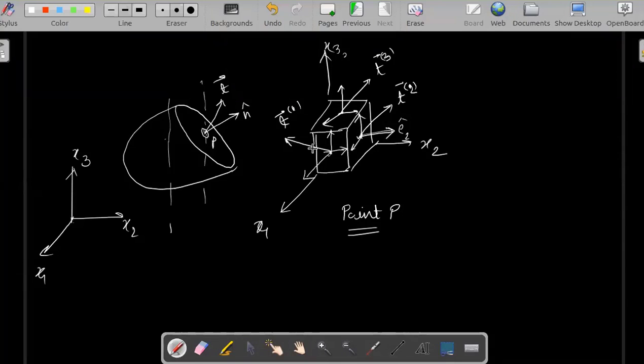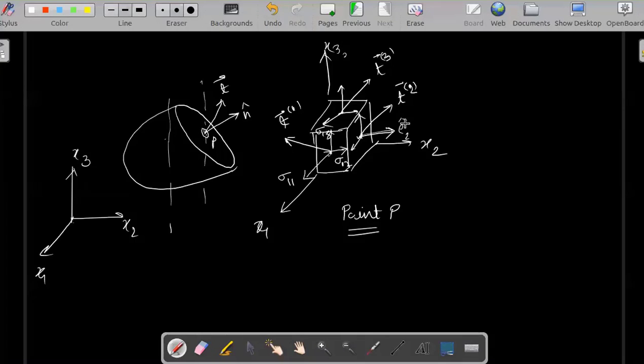Each traction vector on the x1 plane can be decomposed into three, defined by the terms sigma 11, sigma 12, and sigma 13.